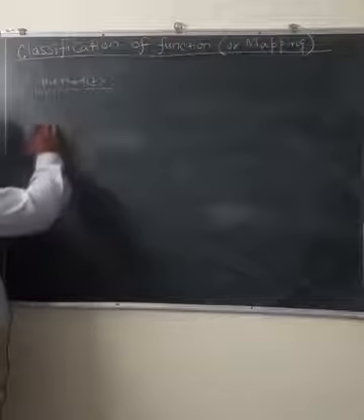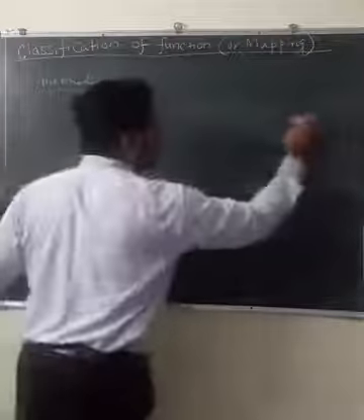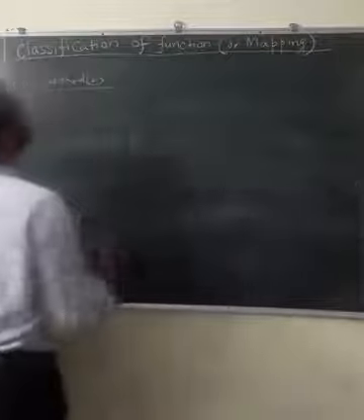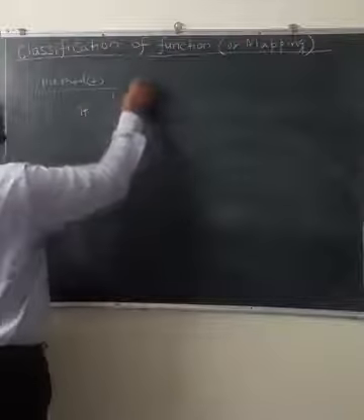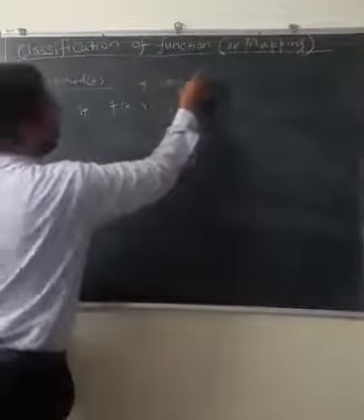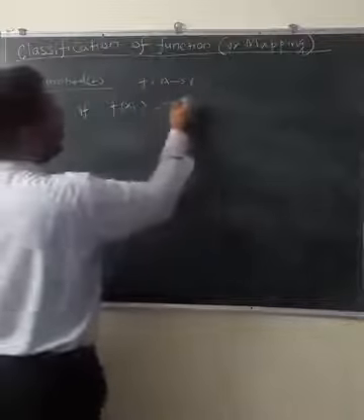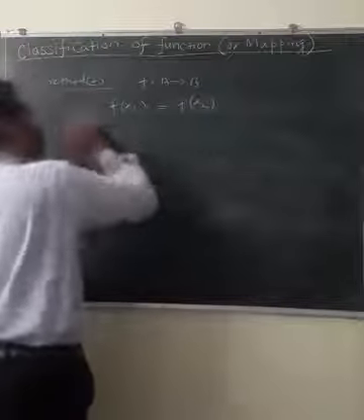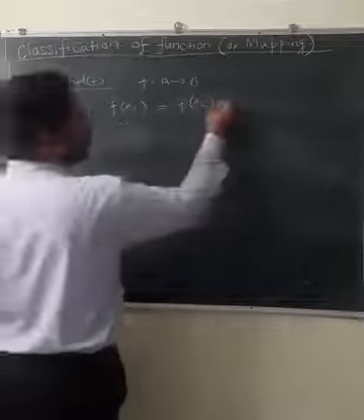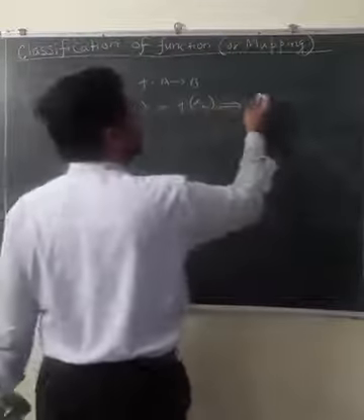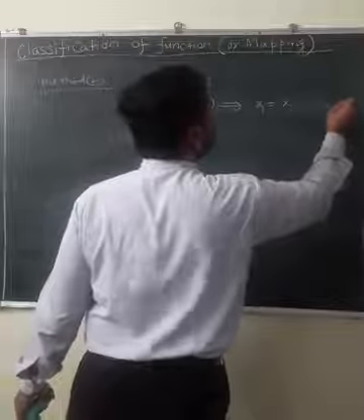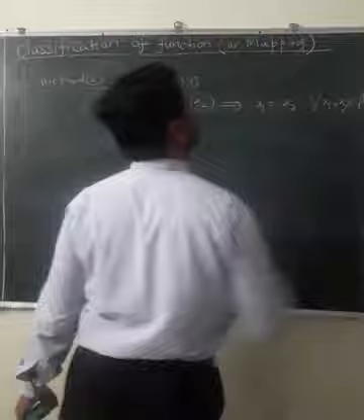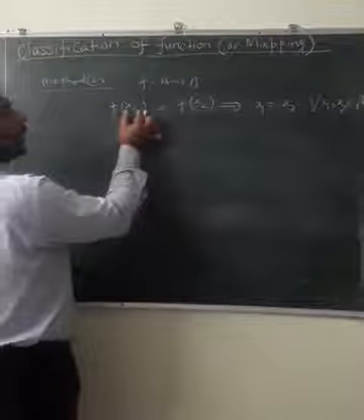Method 2. If I want to prove the function is 1, 1 and many one by this method, I can prove it like this. Suppose the function is from A to B. If f(x1) is equal to f(x2) implies x1 is equal to x2 for all x1, x2 belonging to the domain.